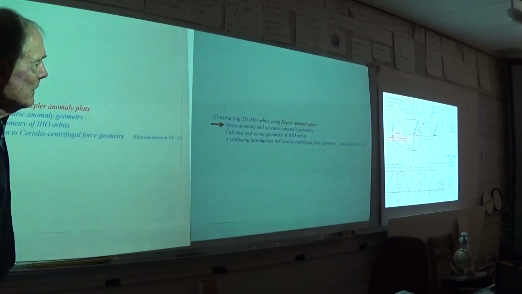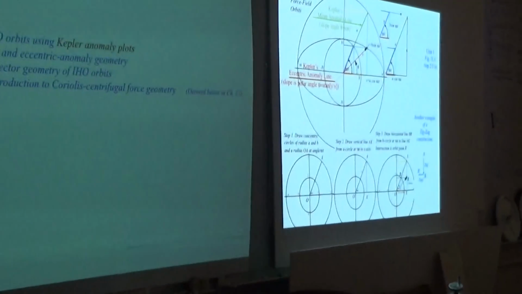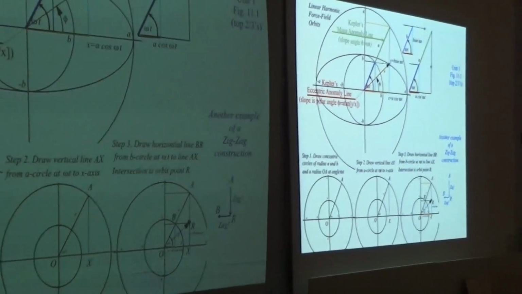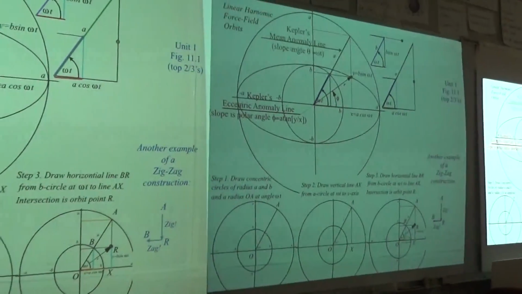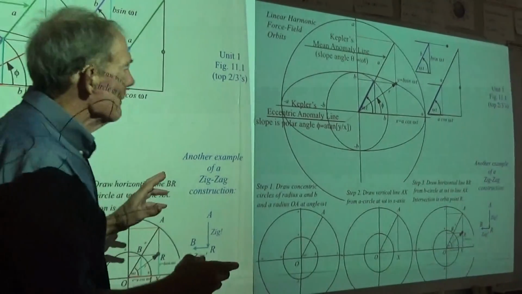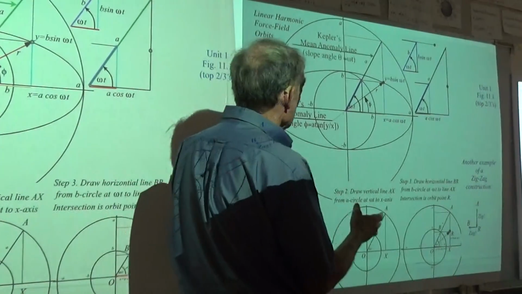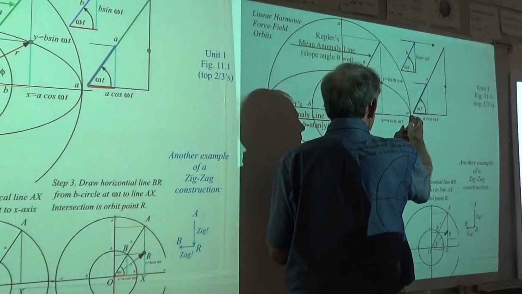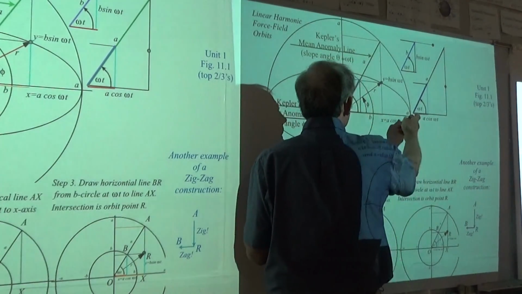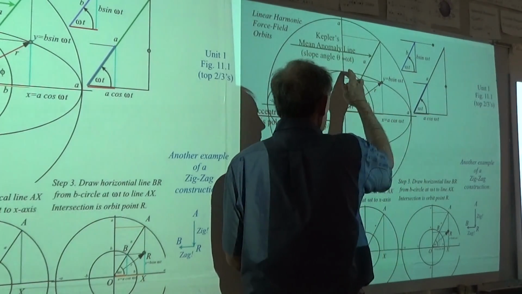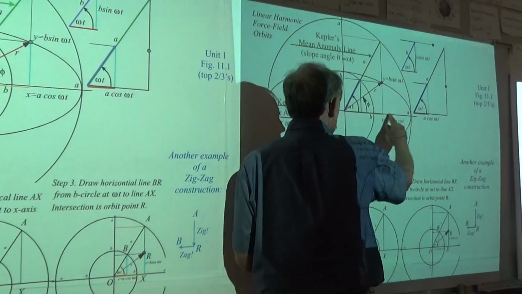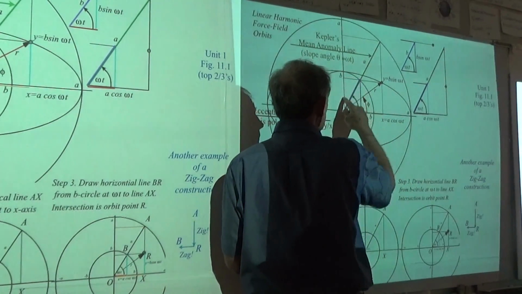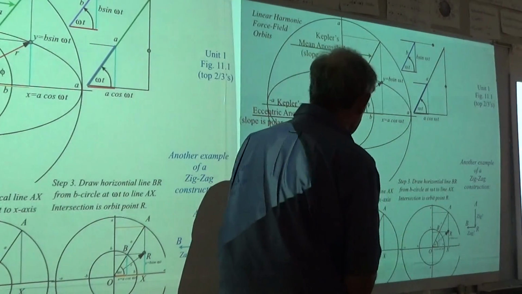I'm going to take a typical orbit. That is the orbit that I would get if I started at this point as my high point, and then had an ellipse that has a major radius of A, minor radius of B. How do you construct such a thing?